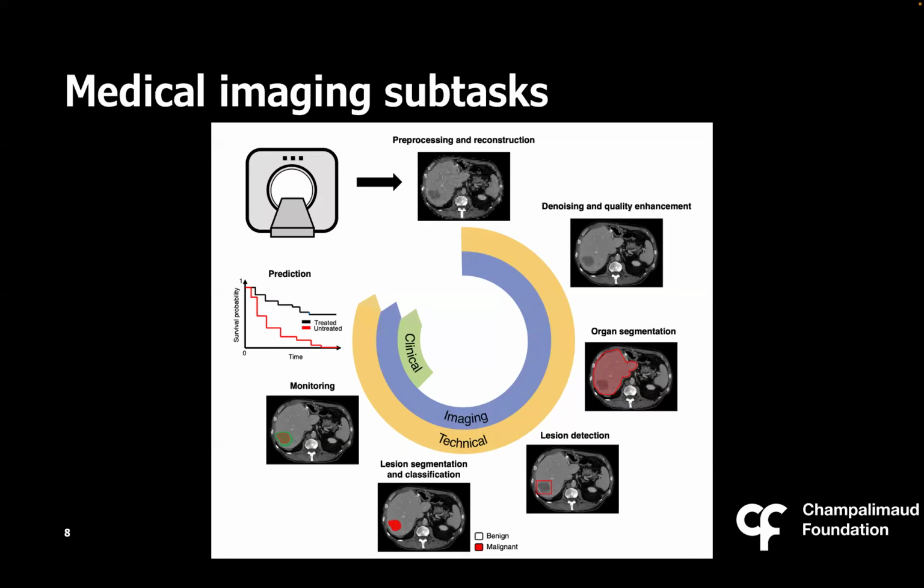So for those online in Zoom, I was talking about pre-processing and reconstruction, denoising, and quality enhancement, which are already making use of AI. For organ segmentation, lesion detection, and lesion segmentation and classification, we have some AI algorithms that do it, but most of the time humans do it.